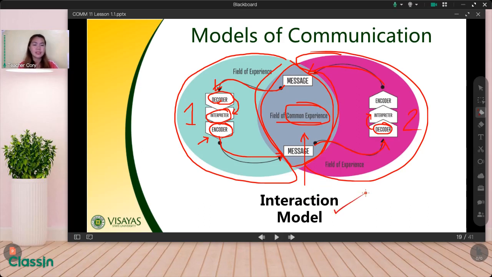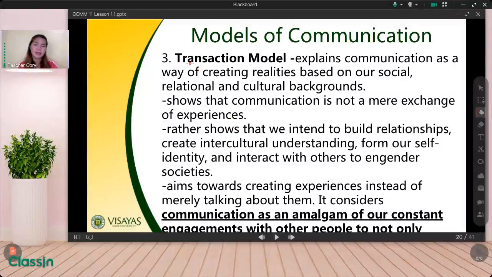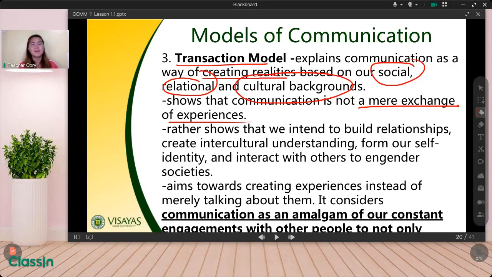So this is the interaction model. Next, we have the transaction model. This explains communication as a way of creating realities based on our social, relational, and cultural backgrounds. So this shows that communication is not a mere exchange of experiences. Rather, it shows that we intend to build relationships, create intercultural understanding, form our self identity, and interact with others to engender society.